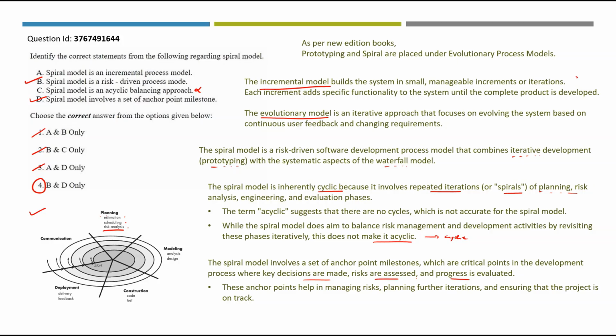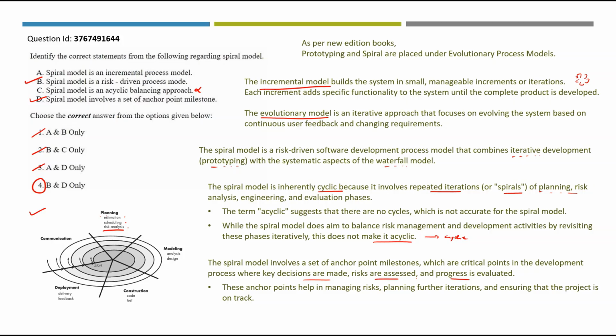Every module is taken to be an increment. So you build one increment at a time and finally you join all the increments together to get the complete product. For every increment you undergo the same set of phases, and that is what you compare here to iterations. This is the incremental model.